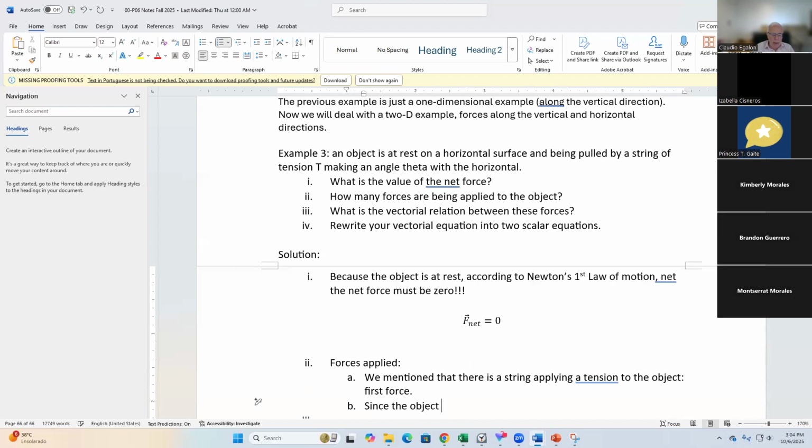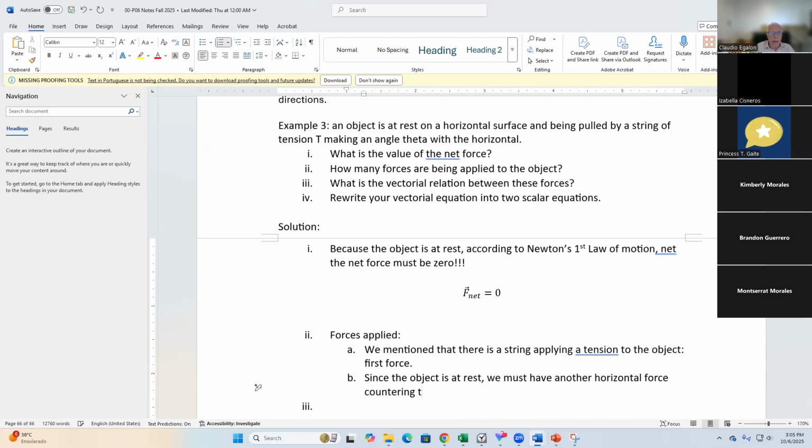Since the object is at rest, we must have another horizontal force countering the X component of the tension.